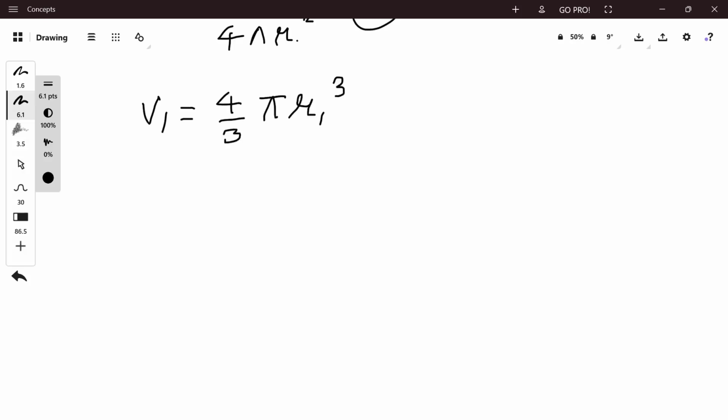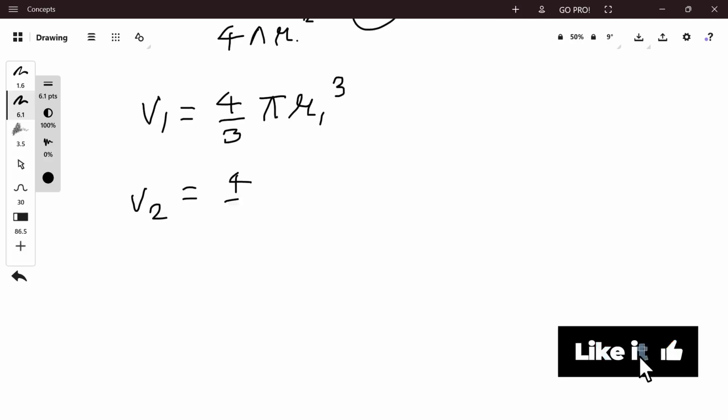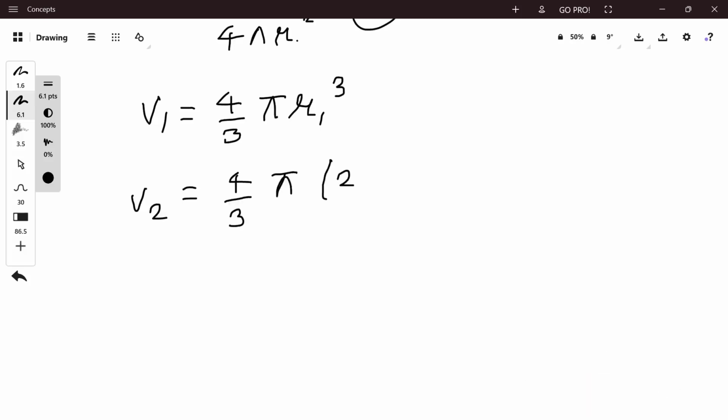If the new radius r2 is doubled, the new volume V2 is equal to 4 by 3 pi into (2 r1) cubed, which is equal to 8 into 4 by 3 pi r1 cubed.